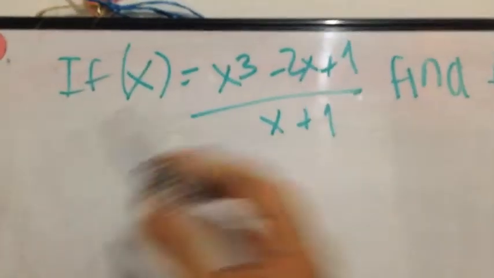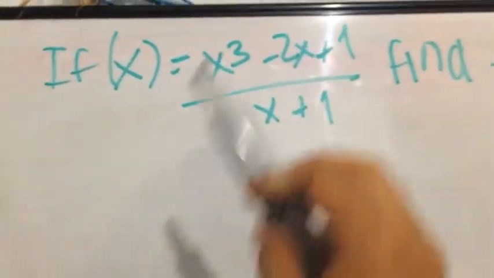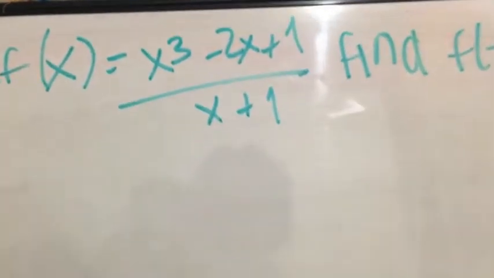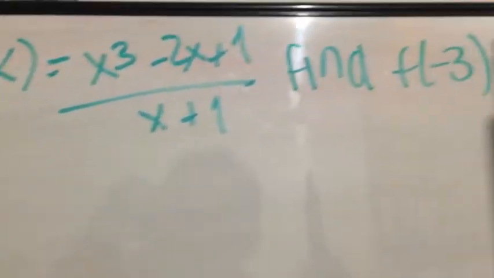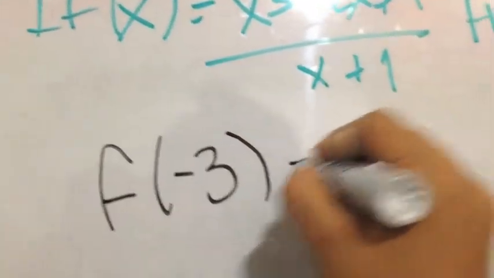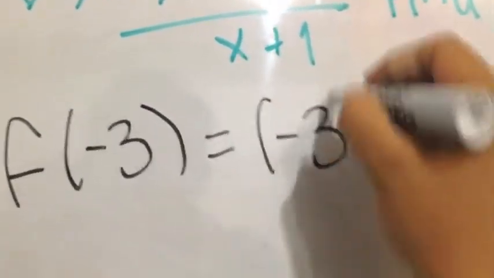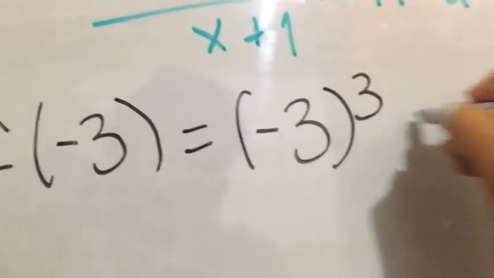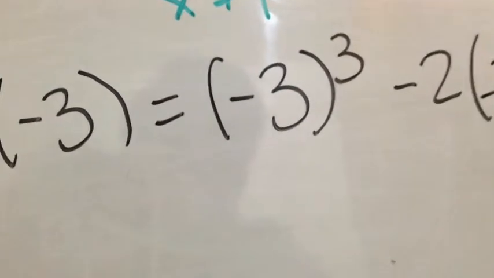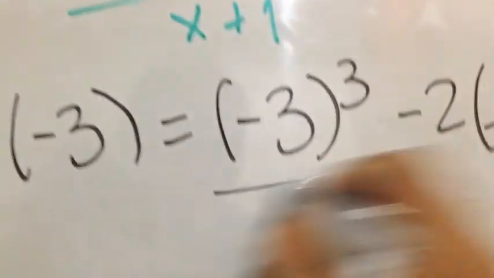It says, if f of x is x to the third power minus 2x plus 1, divided by x plus 1, find f of negative 3. So f of negative 3 is equal to negative 3 to the third power, minus 2 times negative 3, plus 1, over negative 3 plus 1, according to our equation.